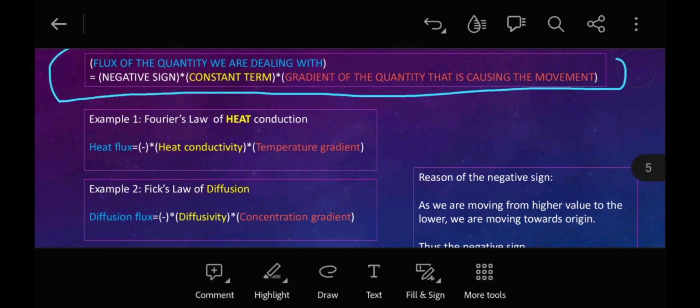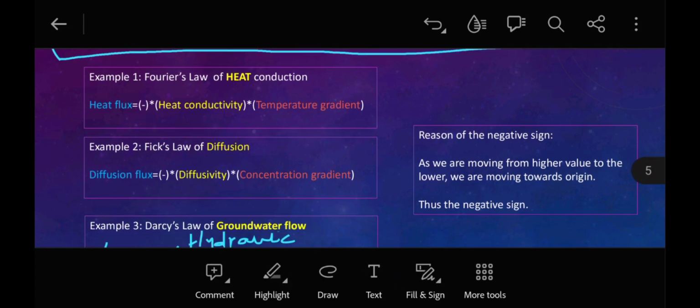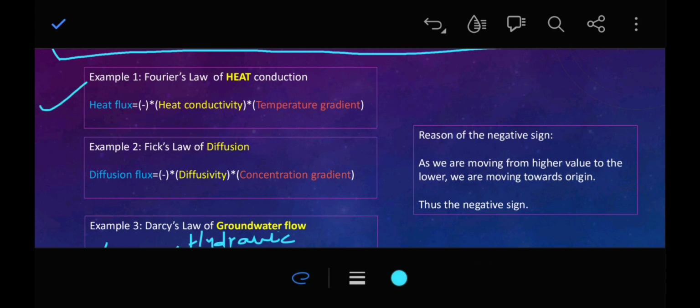For example, in case of Fourier's law of heat conduction, heat is the quantity which is being transferred and temperature is the quantity which is causing the transfer. So the formula will be heat flux equals the negative of heat conductivity, which is a constant, multiplied by temperature gradient.